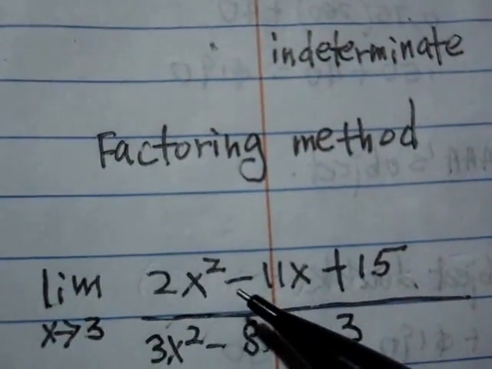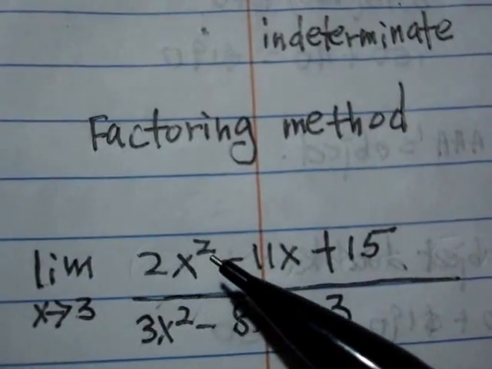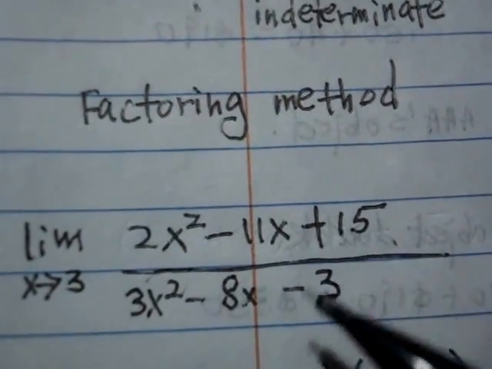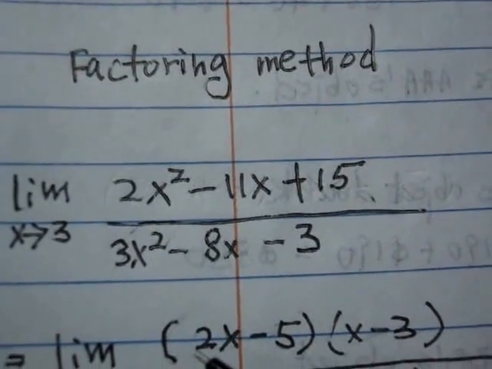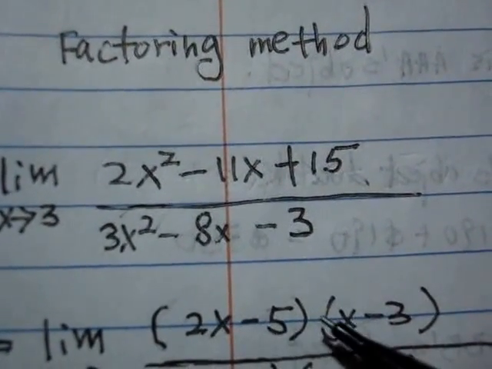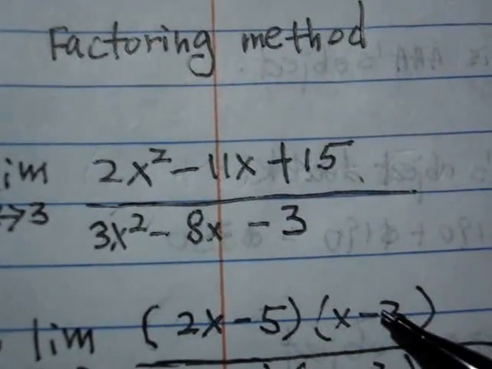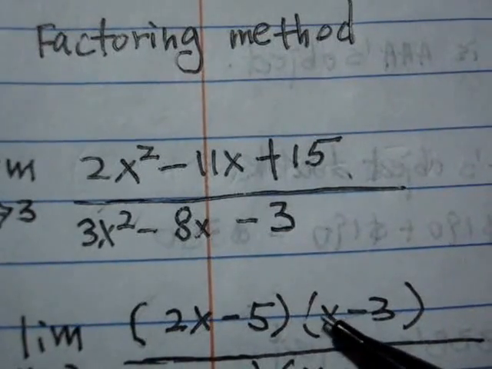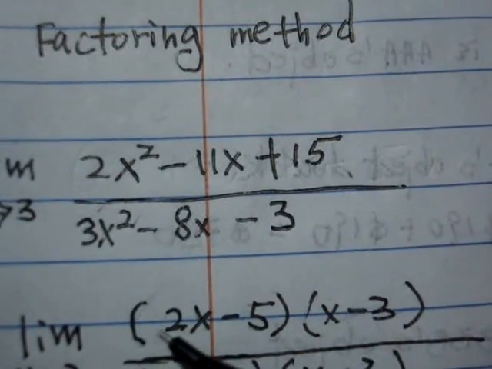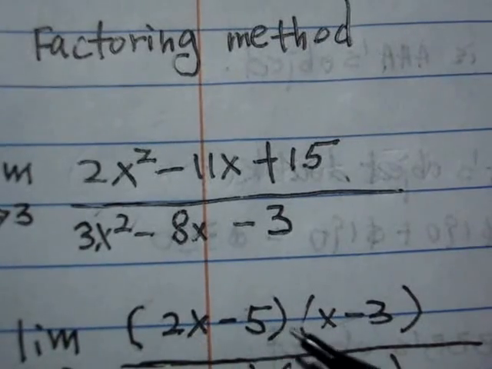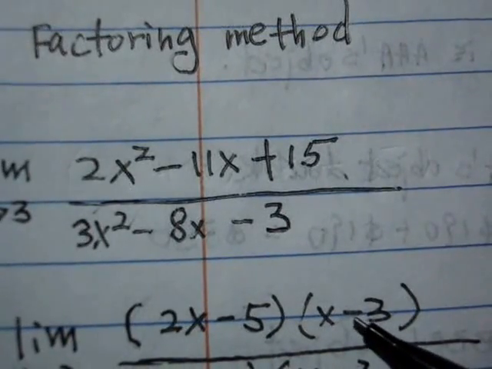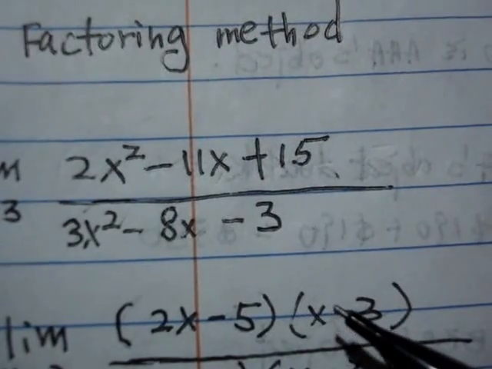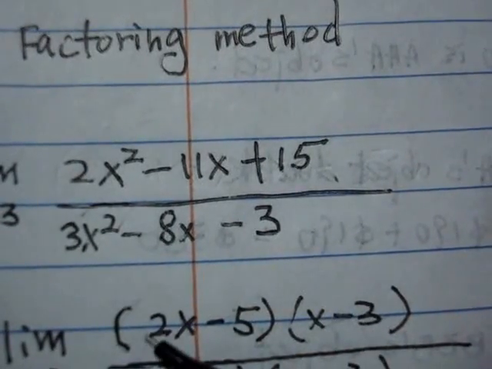On the numerator, when you factor 2x raised to the second power minus 11x plus 15, you will get 2x minus 5 times x minus 3, because negative 5 times x is negative 5x, and 2x times negative 3 will be negative 6x.